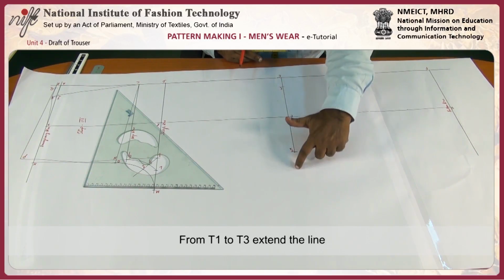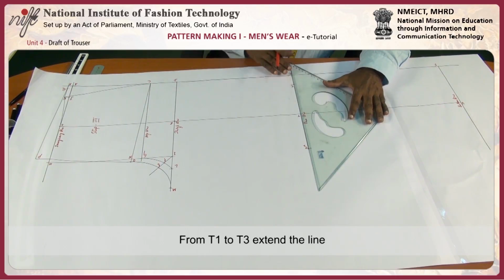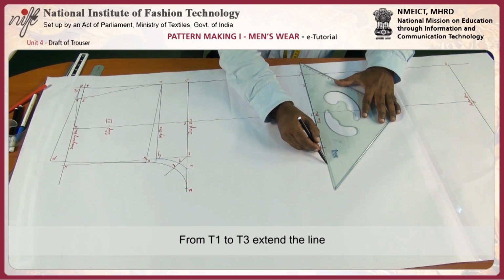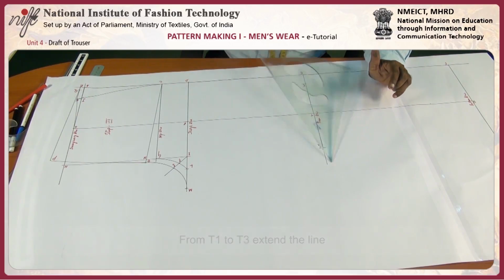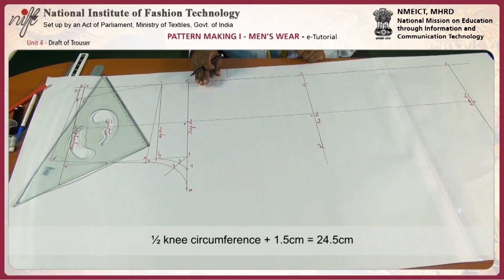From T1 to T3, extend this line, half of knee circumference plus 1.5 centimeter, which will be 24.5 centimeter.